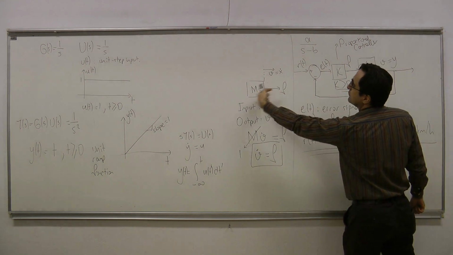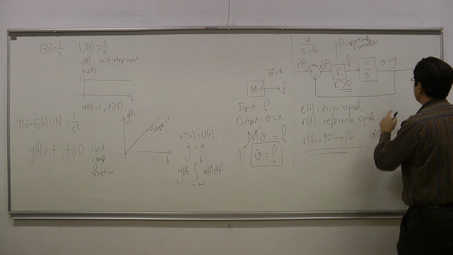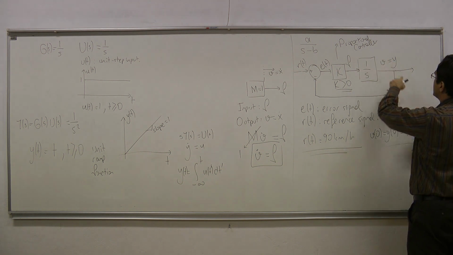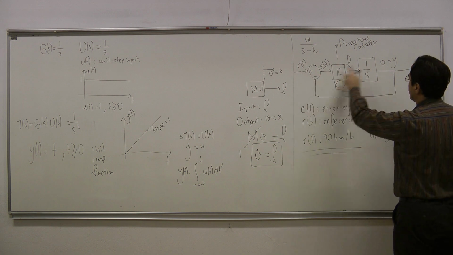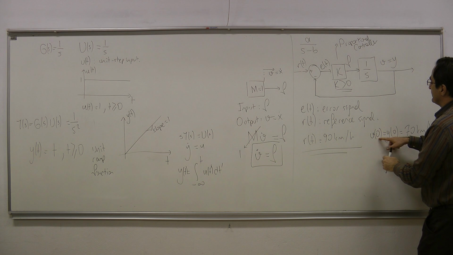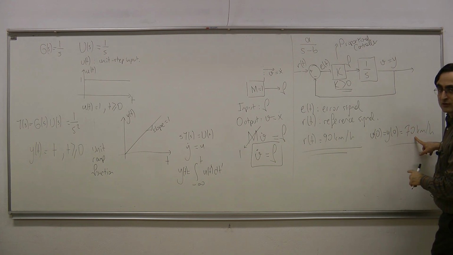Applying a positive force onto this mass is going to increase its velocity, so that the new velocity at an infinitesimal time instant later is going to be larger than 70 kilometers per hour.